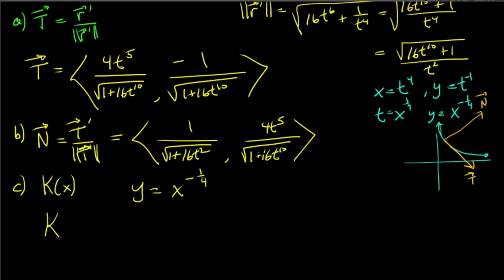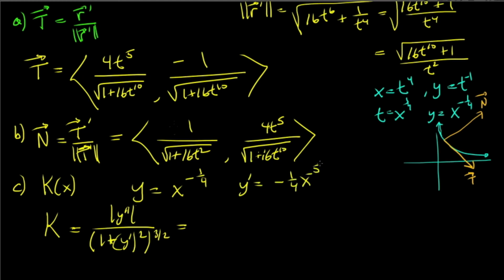So to get the curvature, I would use this formula here, the second derivative of y in absolute value, divided by 1 plus the first derivative of y squared to the 3/2. A little sloppy, but I think you get the point. So the first derivative is negative 1/4 x to the negative 5/4. And then the second derivative is going to be positive 5/16 x to the negative 9/4.